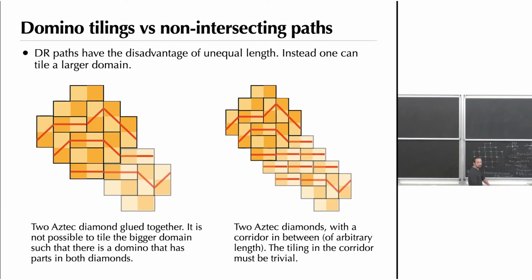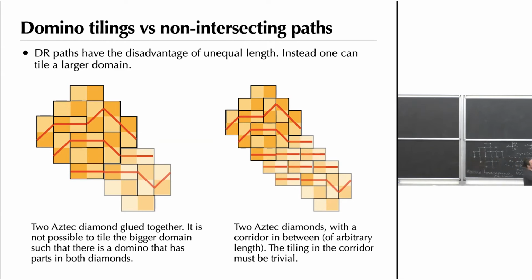Another approach, maybe closer to the approach that Kurt used, is to insert a piece in between those two Aztec diamonds, a corridor of arbitrary length and of a very particular shape. Because of this particular shape, there is only one way of tiling this corridor, otherwise you get a contradiction.